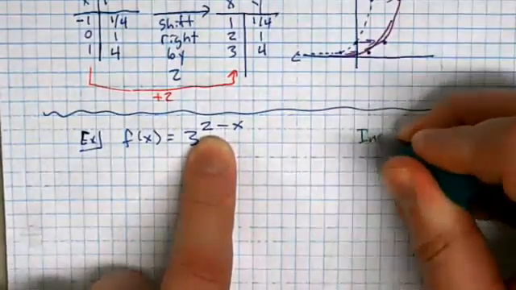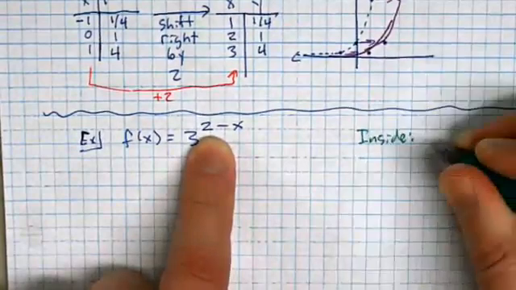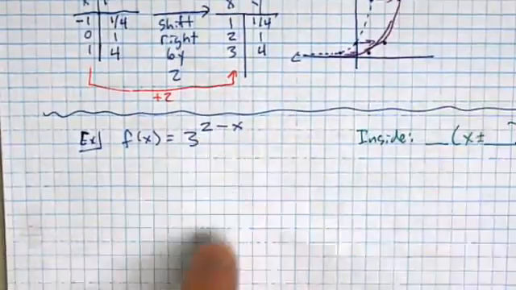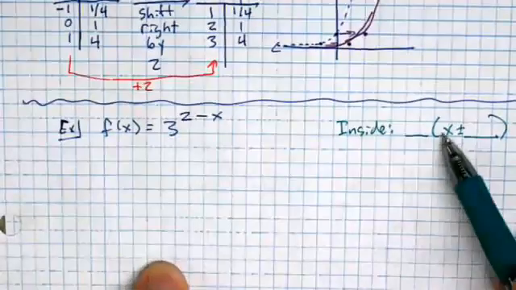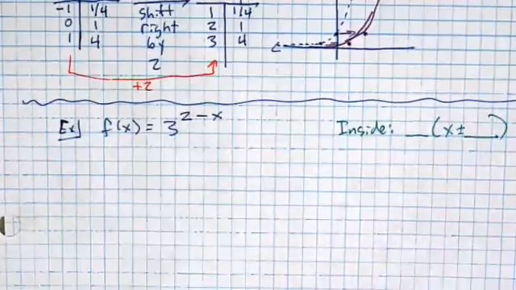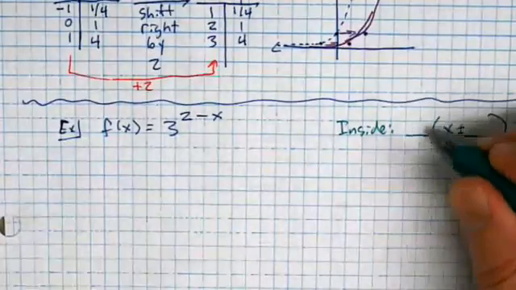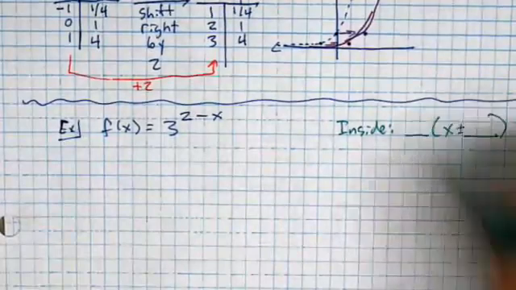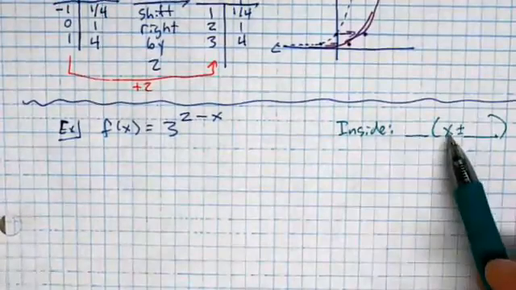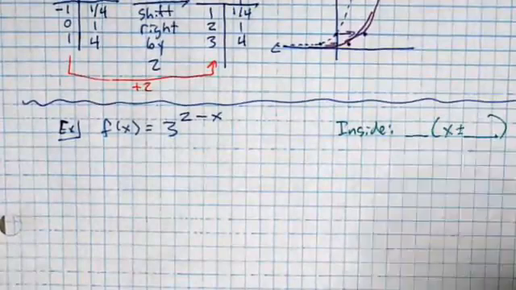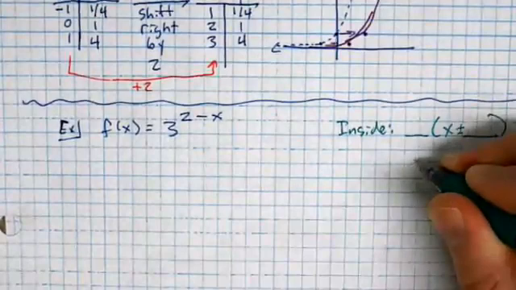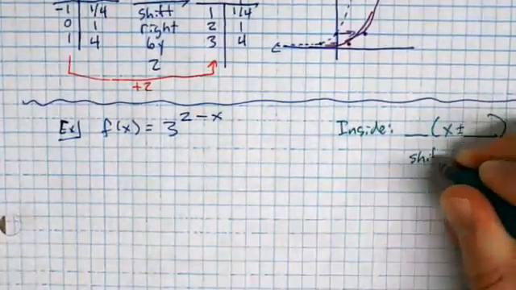You want the inside of your function to look like something times x plus or minus something. You don't want a coefficient in front of the x. You want the x to be by itself inside of a set of parentheses. And if there's a negative or a coefficient on the x, you want that to be outside of the parentheses. And then on the inside of the parentheses, just your x plus or minus something. If you can get it into this form, then you know that 100% of the time your shifts happen last.